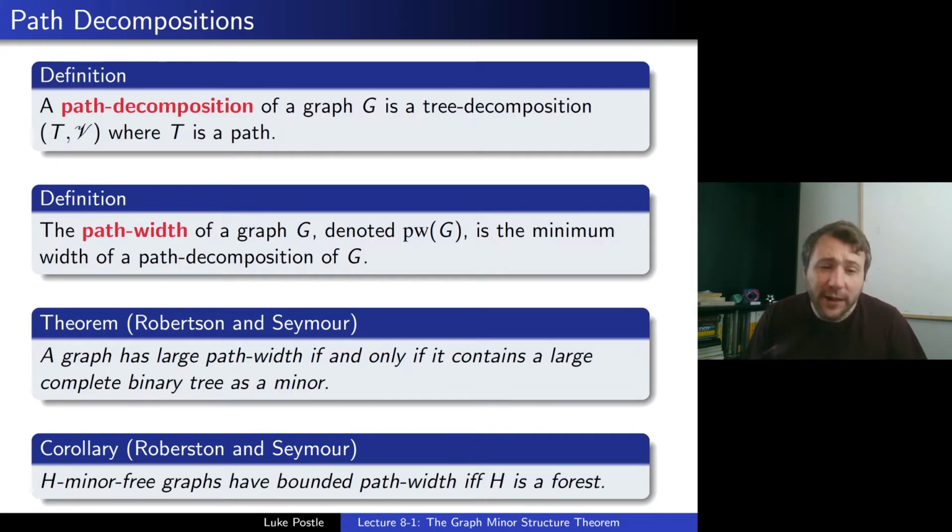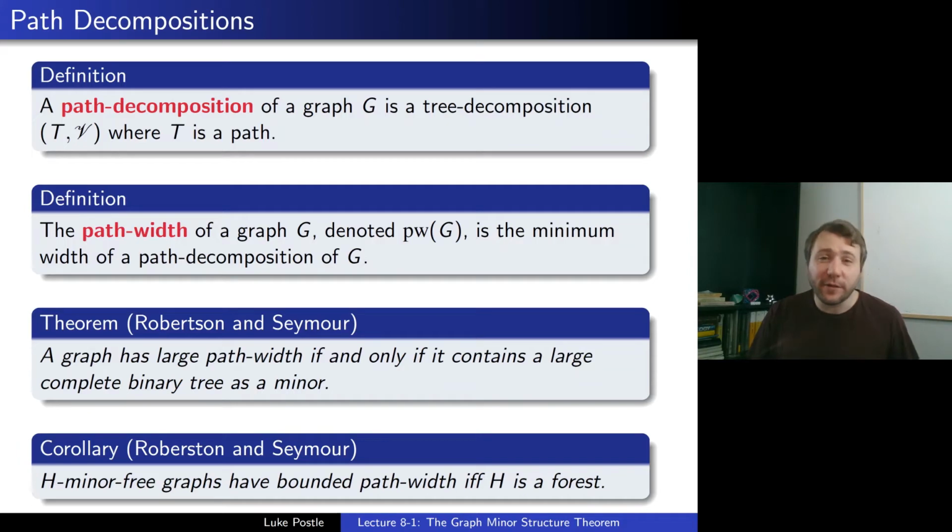And as a corollary, just as we had for tree decompositions, where we learned that excluding a planar graph is if and only if you get bounded tree width, here H-minor-free graphs have bounded path width if and only if H is a forest. Because if we forbid a forest, then every forest would embed in some complete binary tree, and so their theorem would imply bounded path width.